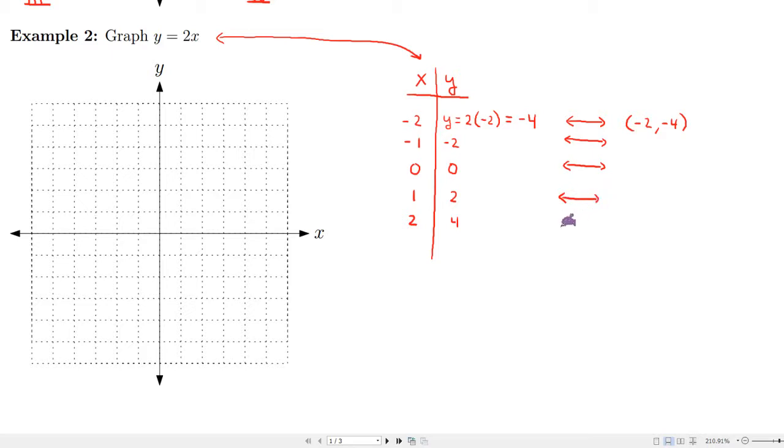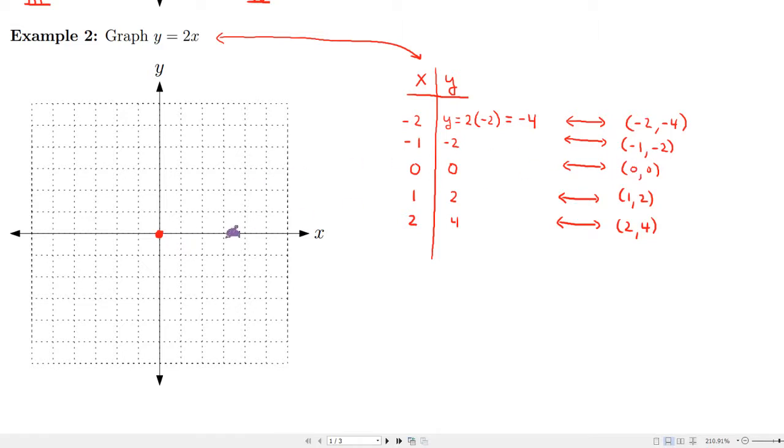You don't have to write this out. I'm just trying to connect what was done up above. So negative 1, negative 2, because you can see the pairs right here, 0, 0, 1, 2. That's the advantage of writing out this table. And we can plot these points. The easiest one to plot would be 0, 0. And convention is that 0, 0, we call that the origin.